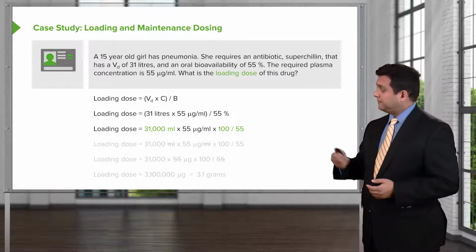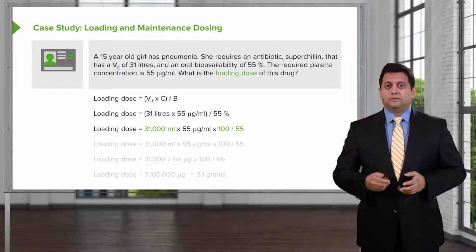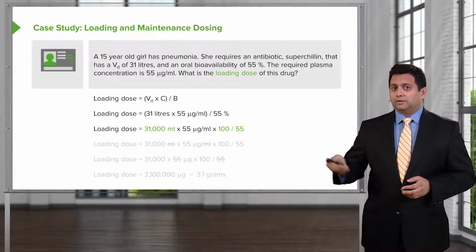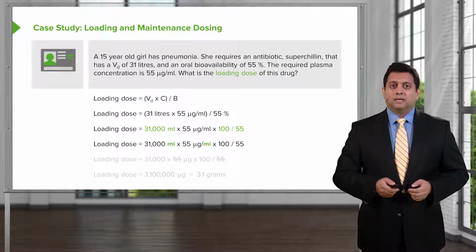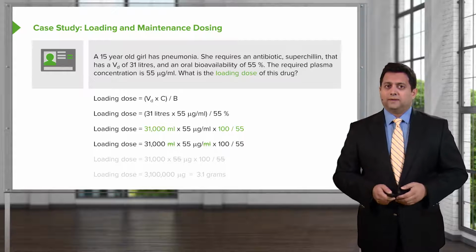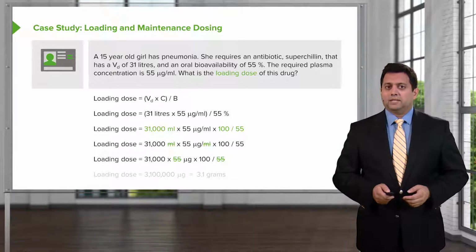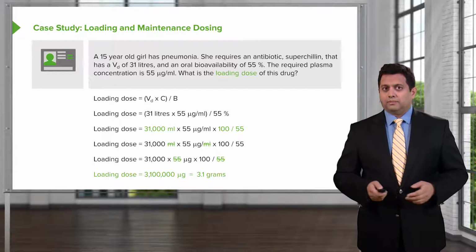It's multiplied by 55 mics per mil. And the percentage number, we're going to substitute 55% in the denominator with 100 over 55. The loading dose is therefore 31,000 times 55 times 100 divided by 55, and canceling out the 55s and canceling out the milliliters, you get 3.1 million micrograms, or 31 grams.